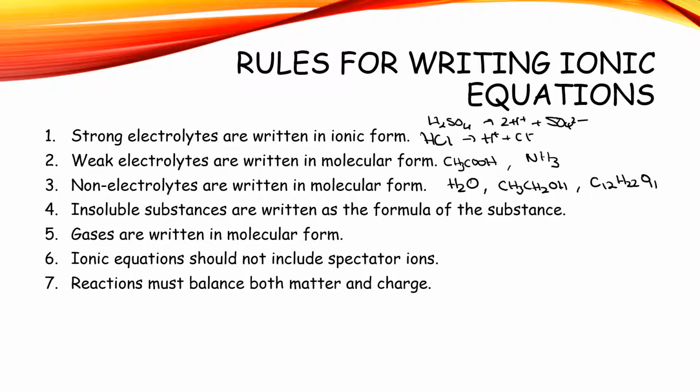Insoluble substances are written as the formula of the substance. So calcium carbonate is insoluble, so it stays as calcium carbonate. Cobalt phosphate is insoluble, so it stays as cobalt phosphate, written like this. Gases are still written in their molecular form. And ionic equations should not include spectator ions, and the reactions must balance both matter and charge.